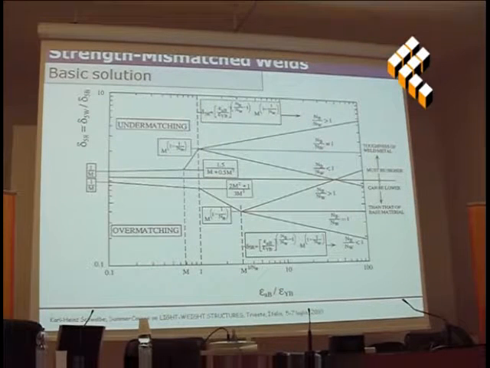And here the ratio is 1, which means that there is even match, no mismatch. The driving force in the weld metal is the same as in the base plate, so nothing happens here. But when we go to undermatch, of course, the weld metal becomes plastic before the base plate becomes plastic. Here is one which is referring to the base plate, okay?